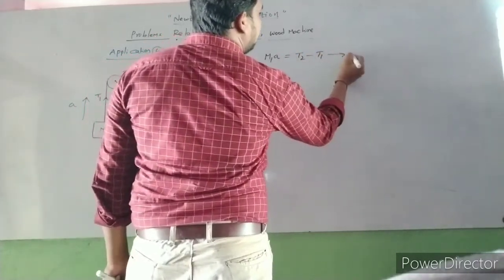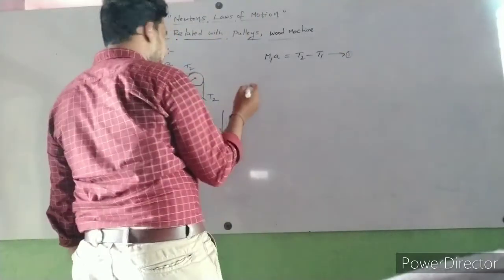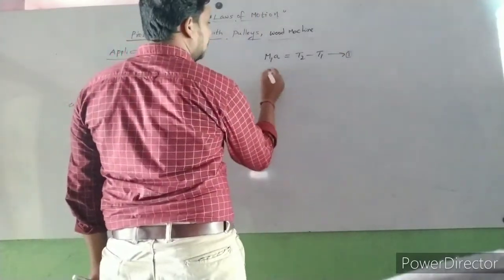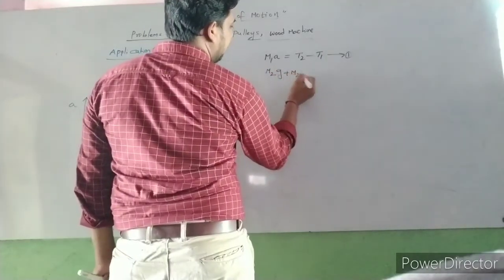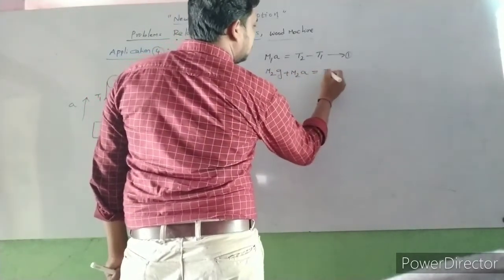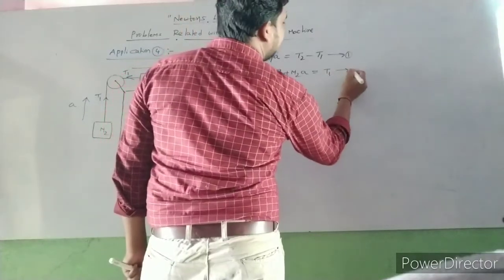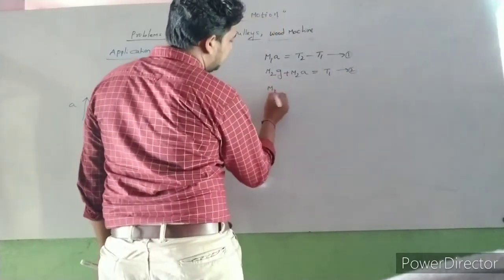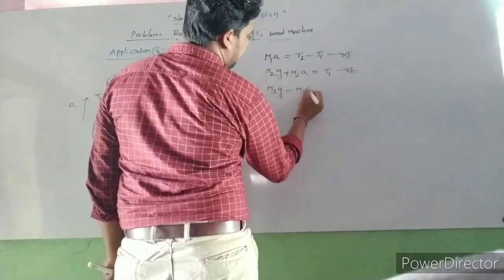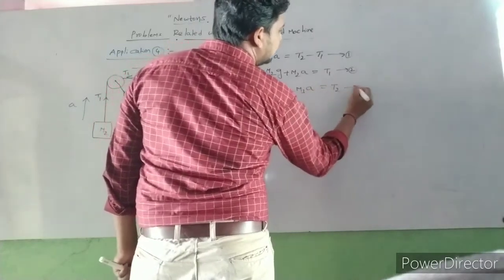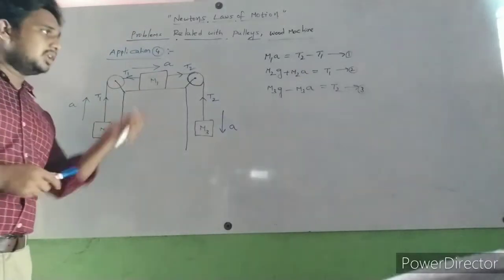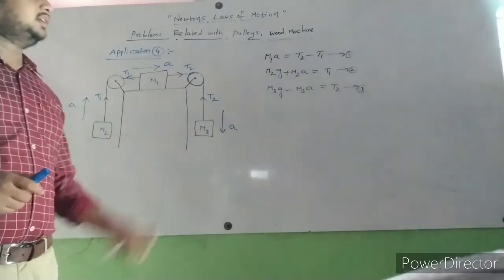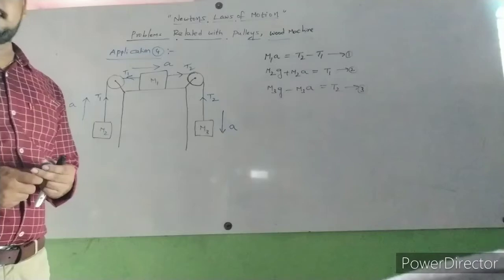Equation 2 is M2G plus M2A is equal to T1. Equation 3 is M3G minus M3A is equal to T2. So these are the three equations. To solve these three equations, we get the T1 value, T2 value and acceleration value.